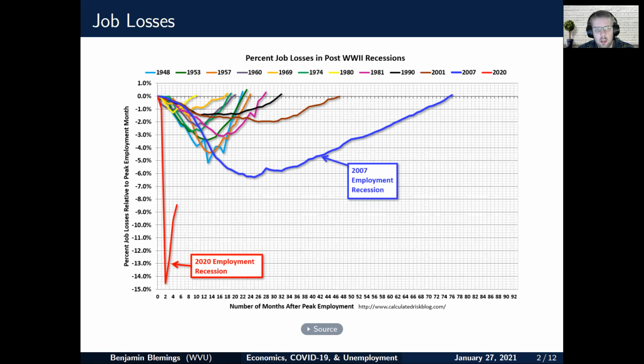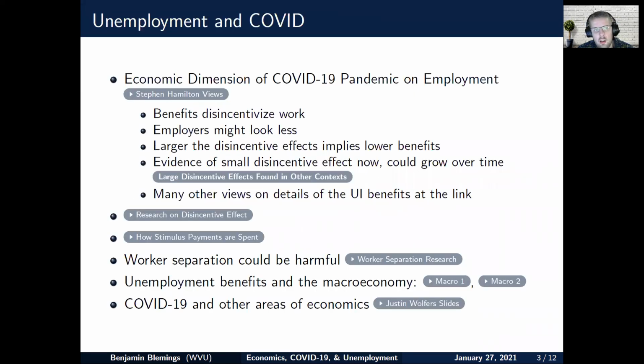These are the job losses associated with the coronavirus pandemic. I couldn't find the updated one, but as you can see, unemployment remains much higher for longer after this recession than with typical recessions in the United States. I think this is just kind of interesting to frame the conversation around supply.